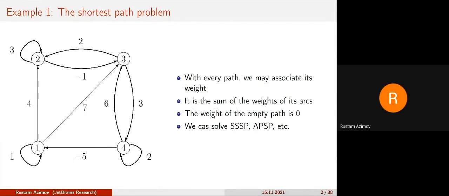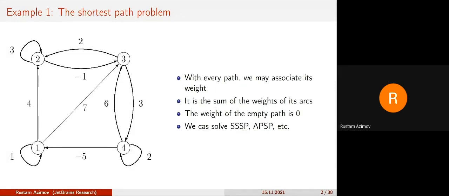Here is the well-known shortest path problem, where we have a directed weighted graph, and we can associate with every path its weight just as the sum of the weights of its arcs, and we assume that the weight of the empty path is 0.